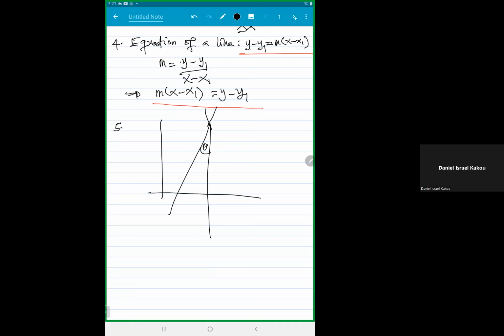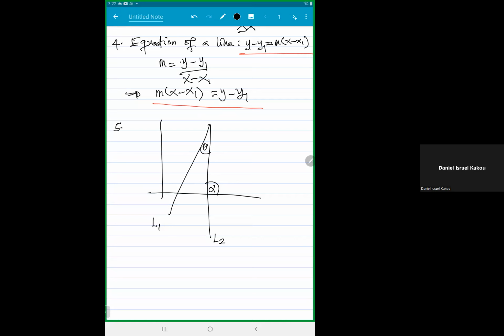So let's say this is the line L1, and this is the line L2, right? And we want to find the angle theta between them, or we want to find the relationship between these two lines and the angle between them. But before that, we can get the angle of the line L2 with respect to the x-axis as, say, alpha.